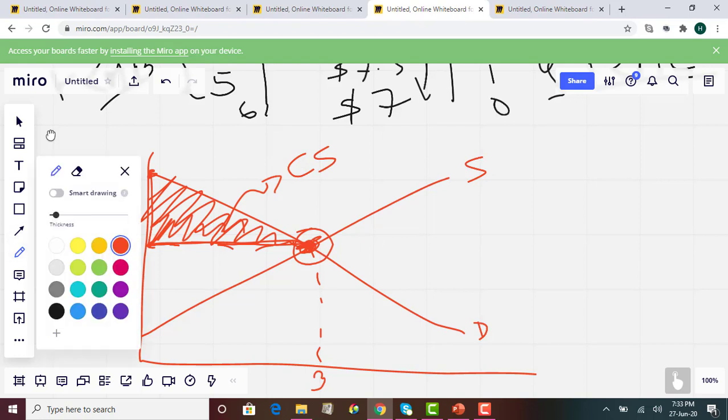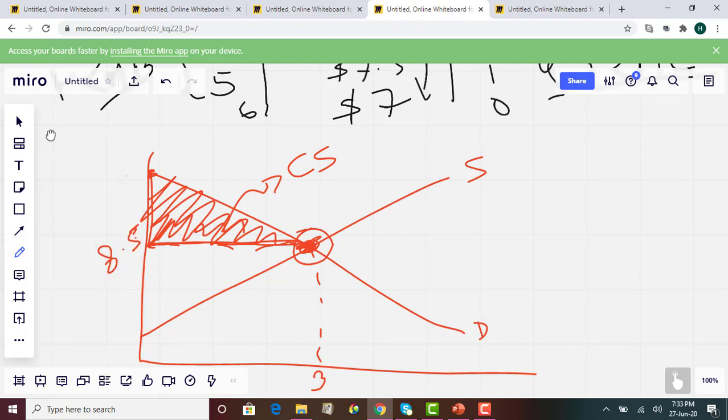And producer surplus is basically this line, then we go down to the point where the supply line intersects the y-axis. So this whole inverted triangle is the producer surplus. Okay, so that's how you will calculate consumer surplus and producer surplus.